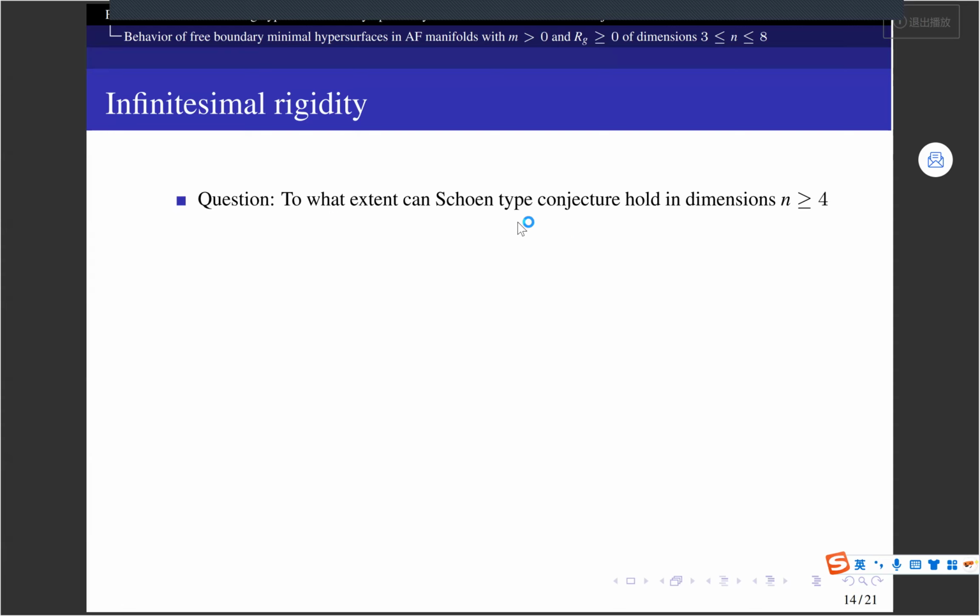Here I just mean Shin-type conjecture to be something like, if you have an area minimizing hypersurface and you assume the ambient space to have negative scalar curvature, then you get some rigidity for the ambient space. So this cannot be true if you pose no additional condition, because of the result just mentioned above.